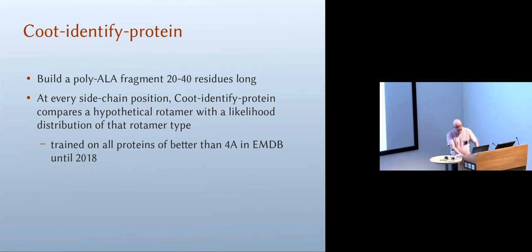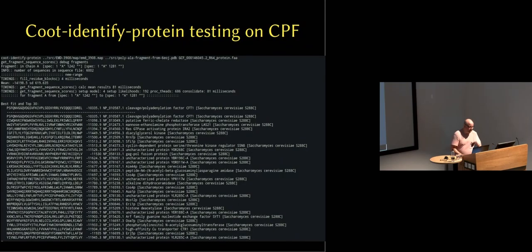Then we scan across each rotamer type of each residue type, and compare the density that we're actually looking at for a side chain position with the likelihood distribution that we've learned from an analysis of the structures in the EMDB. It looks like this in the output.